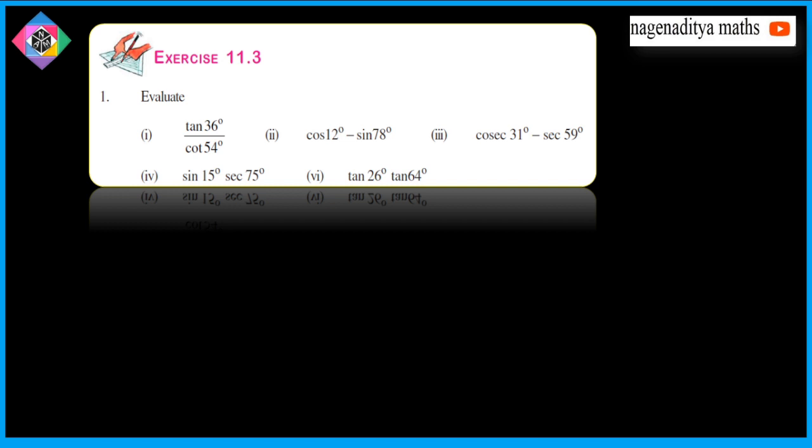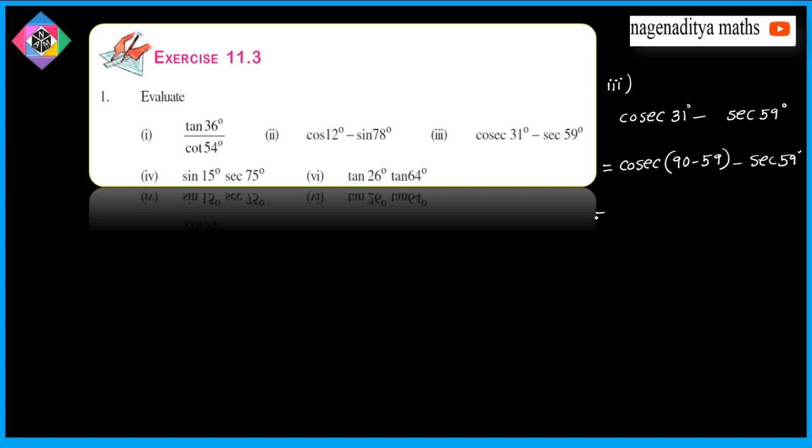Next one, third one: cosecant of 31 degrees minus secant of 59 degrees. Similarly we can change either cosecant 31 or secant 59 in terms of 90. So cosecant 31 can be written as cosecant of 90 minus 59, minus secant 59 degrees.